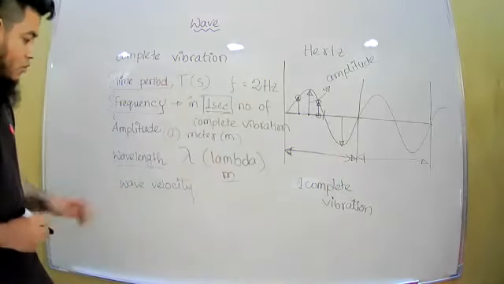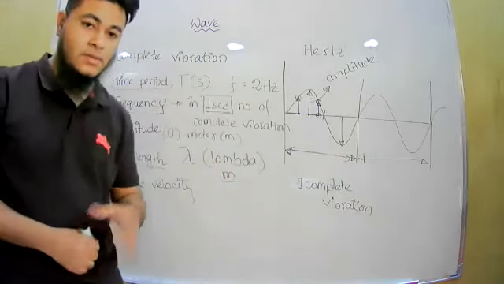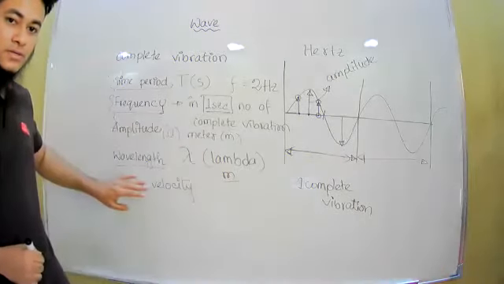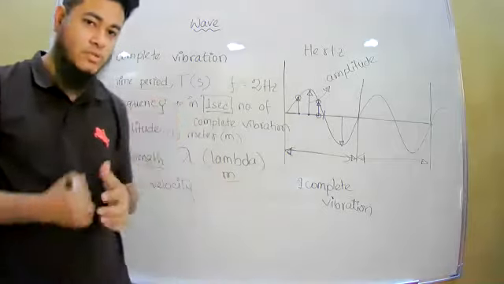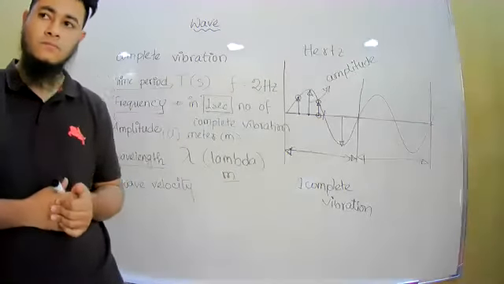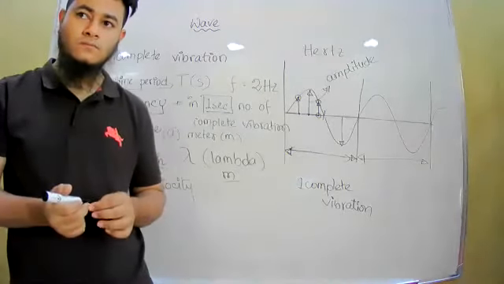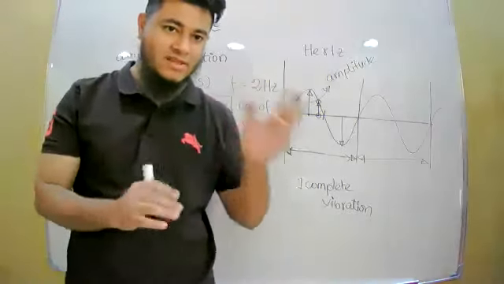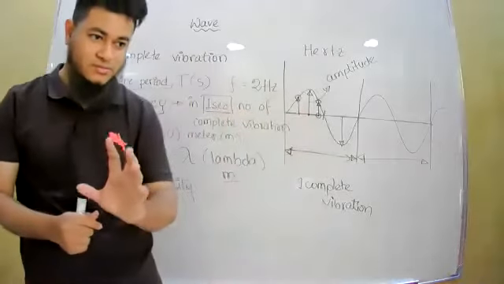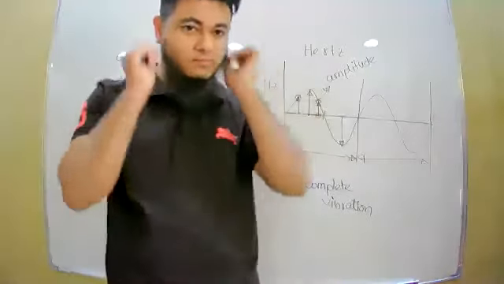Okay. Now wave velocity, it is the same as velocity. Velocity is equal to what? In the motion chapter we have studied displacement divided by time. Very good. Displacement, or in SSC level there is actually no difference between displacement and distance. Okay, we will consider them both the same.